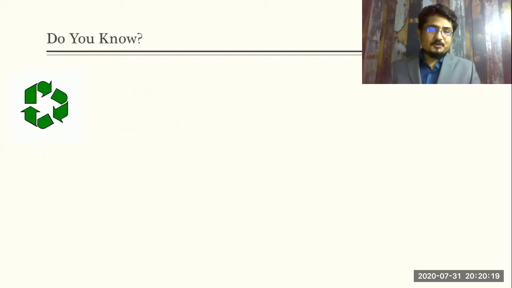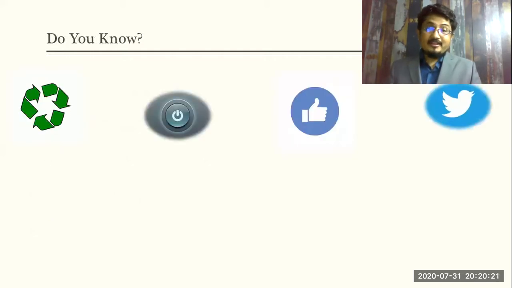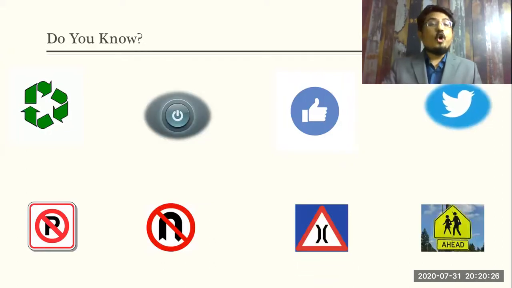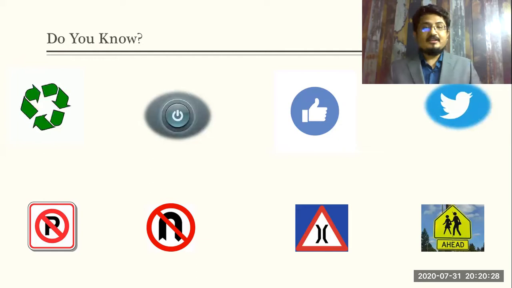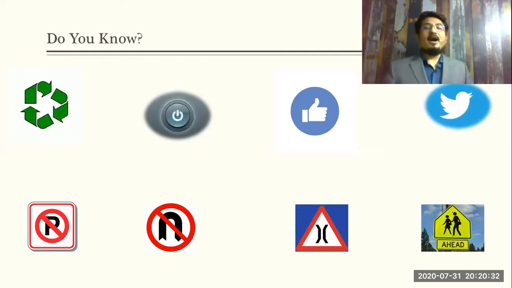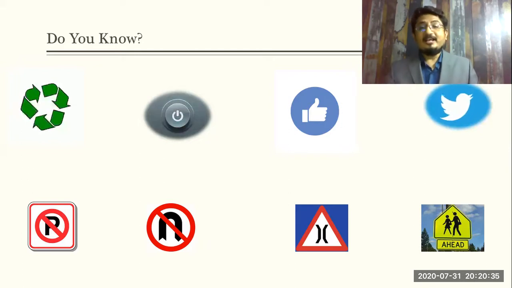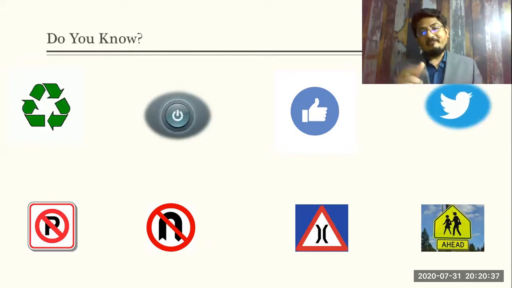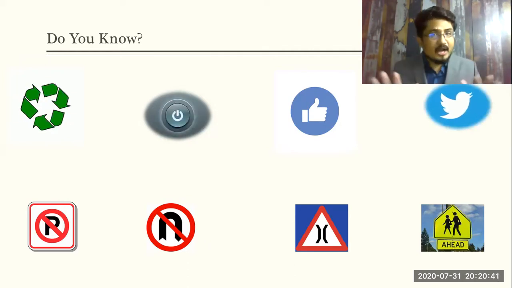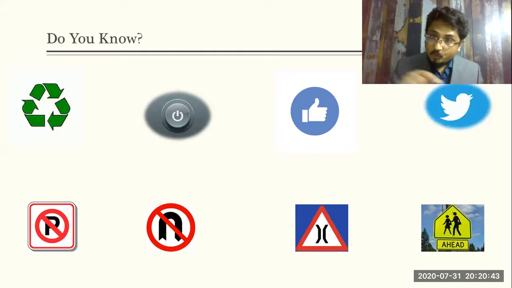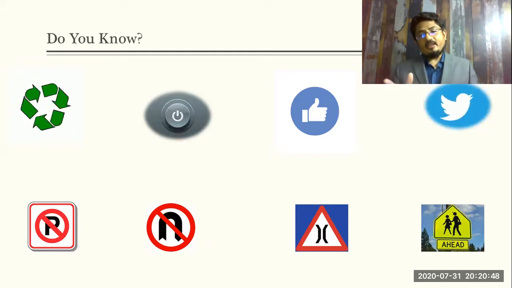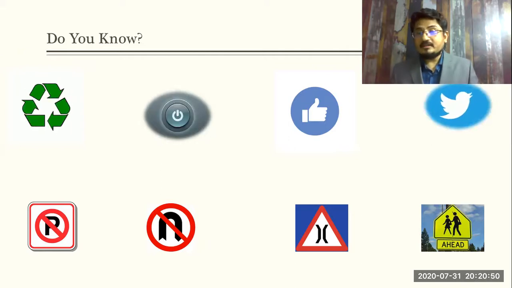If I ask you to identify these images, I'm pretty sure that you all know the first symbol is a symbol of recycling, second is part of an on symbol, third is a like button, fourth is an icon of tweet, fifth is no parking zone, sixth is no U-turn, seventh, narrow road, and eighth, school ahead.